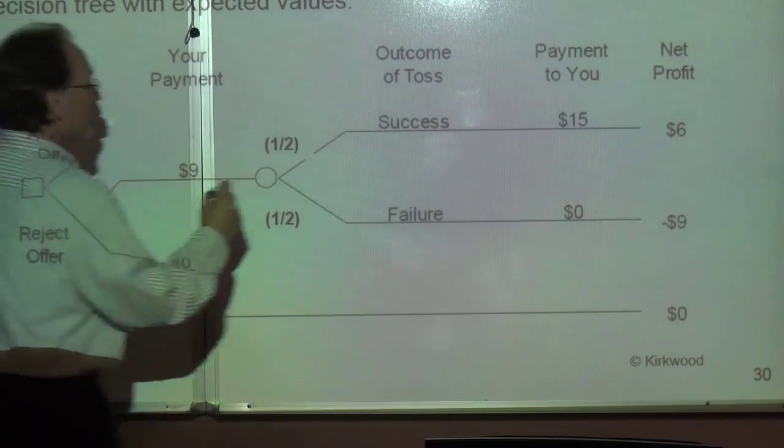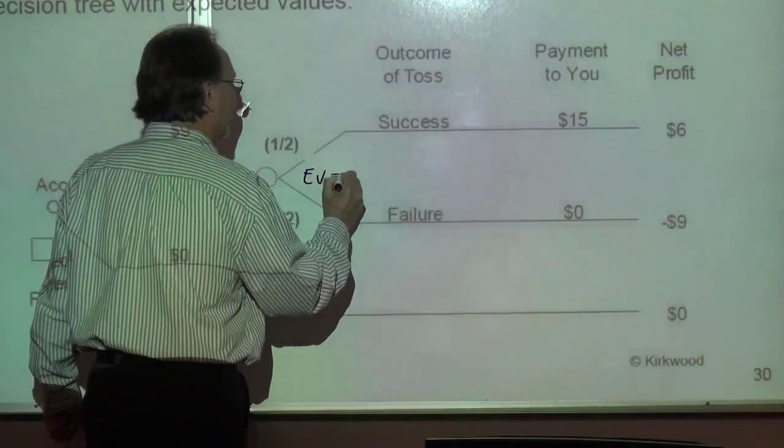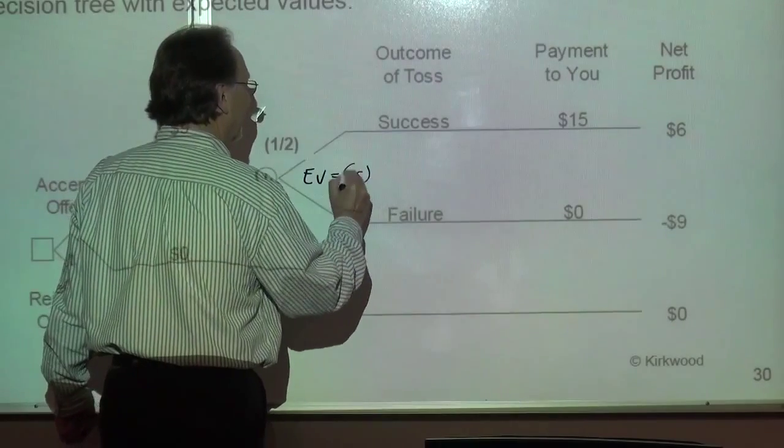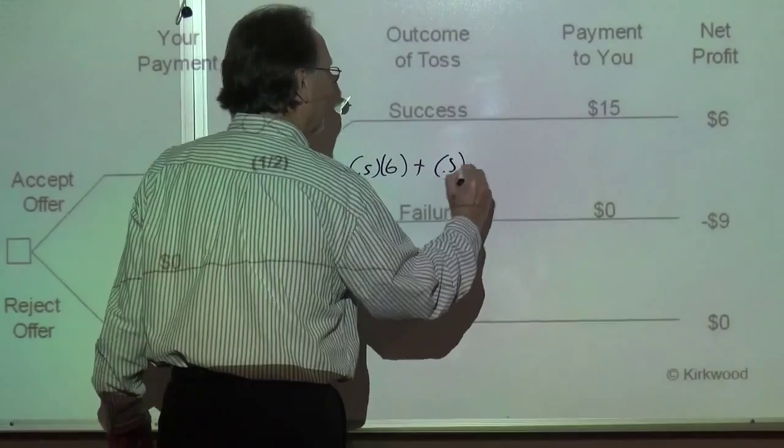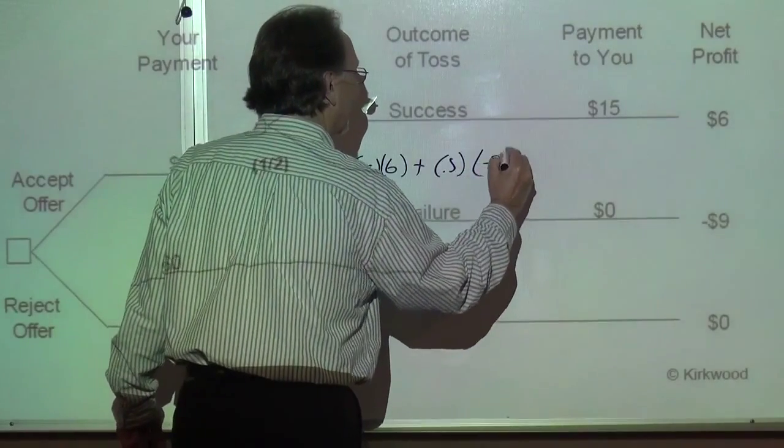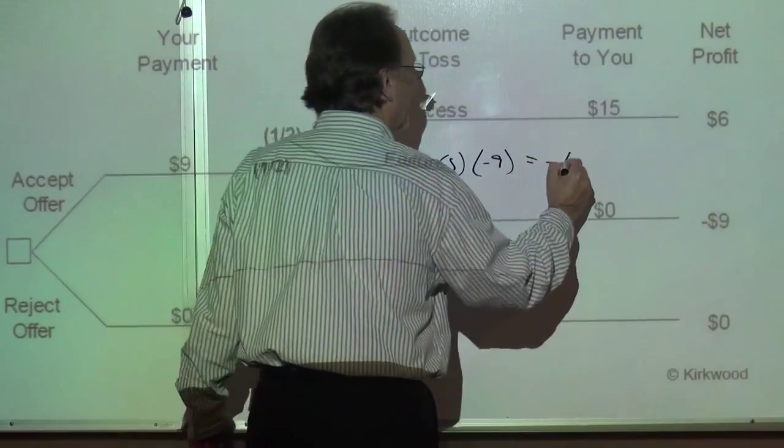So this node equals 0.5 times 6 plus 0.5 times -9, which equals -1.5.